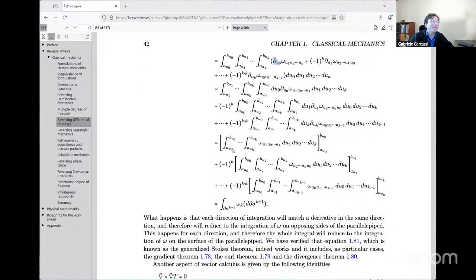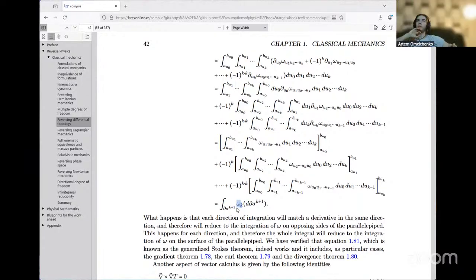So effectively what happens is that you're calculating this integral over the boundaries. And that's what you get at the end, that you're integrating the form over the boundary.